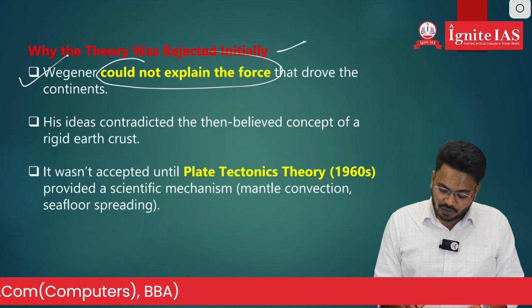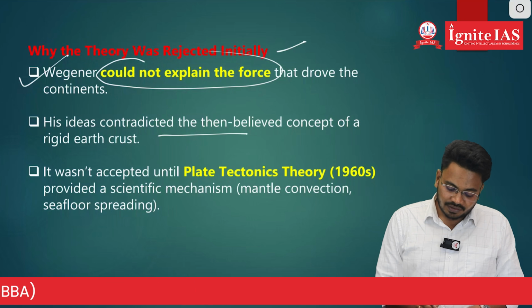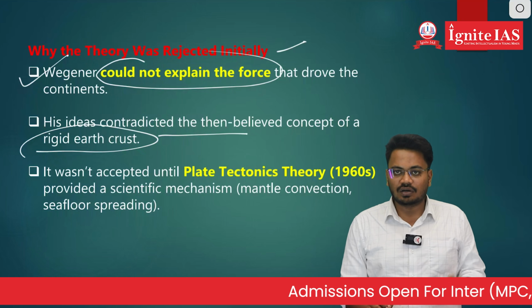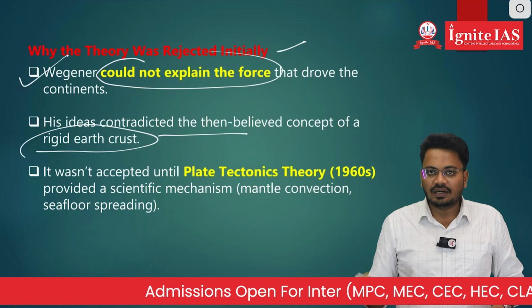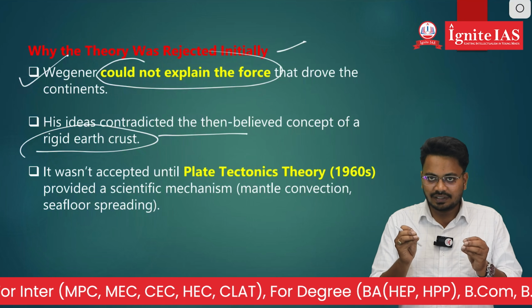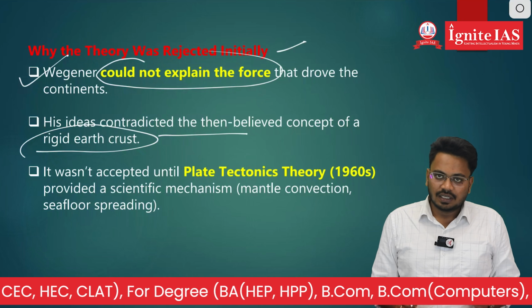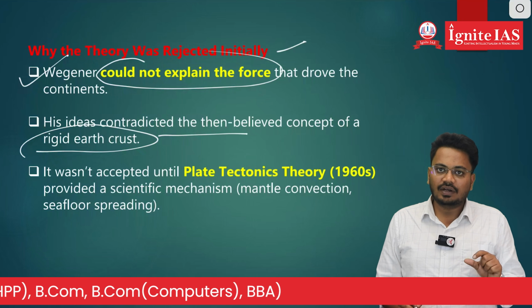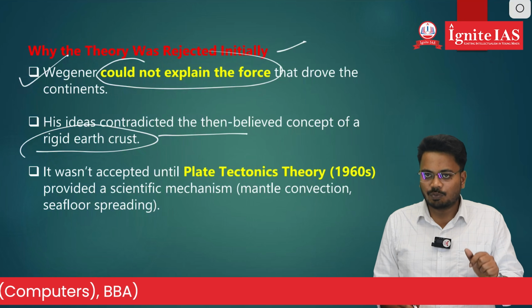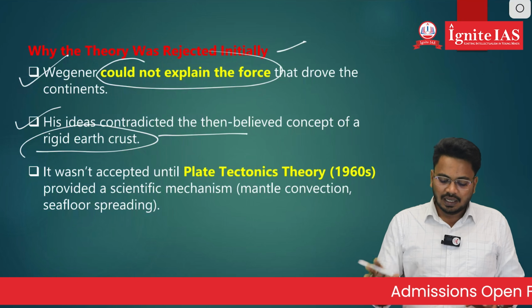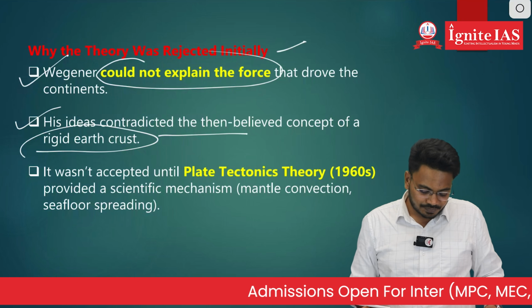Second, his ideas contradicted the then believed concept of a rigid earth crust. Now, in those days, in the 1910s, people believed that the earth crust is not movable, it is a rigid body, right? So when he proposed this concept, everyone kept believing that the earth is not moving, that it is a rigid body, right? So that is also one of the reasons why this theory was rejected initially.